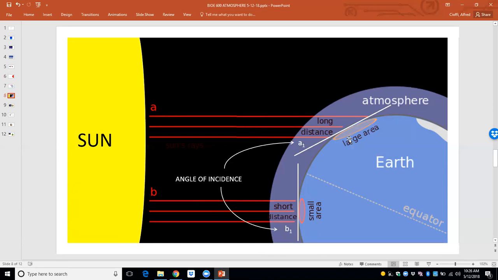If that energy conversion happens in a smaller area, proportionally, it's going to generate more heat than if those same rays hit a larger area. Proportionally, there's going to be less heat generated in the larger area. So it's all about the angle of incidence that makes the poles colder than the equator, or vice versa, the equator hotter than the poles. Okay?